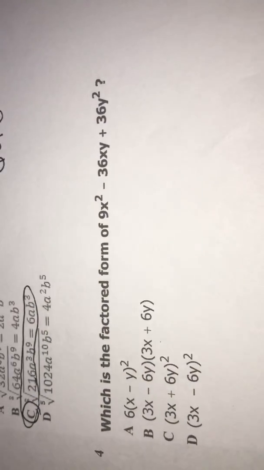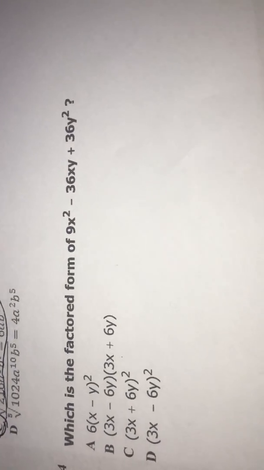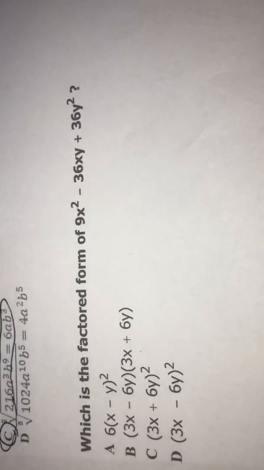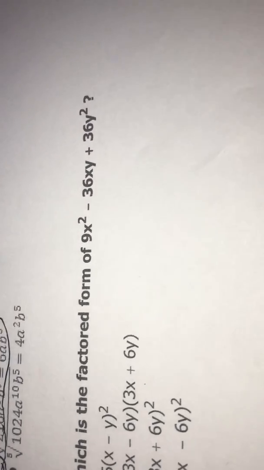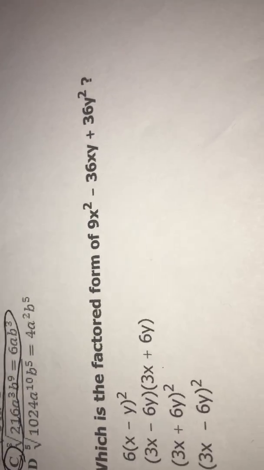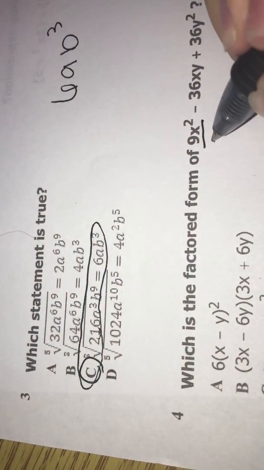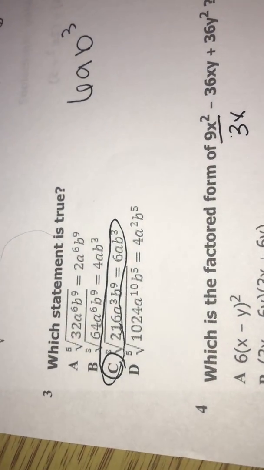Okay, number 4, which is the factored form of 9x squared minus 36xy plus 36y squared. So what you're going to do for this one is first pull out any common factors that they all have. They're all divisible by 3.